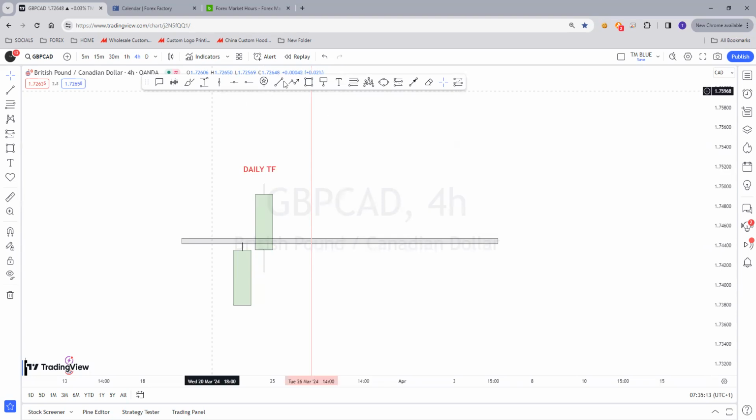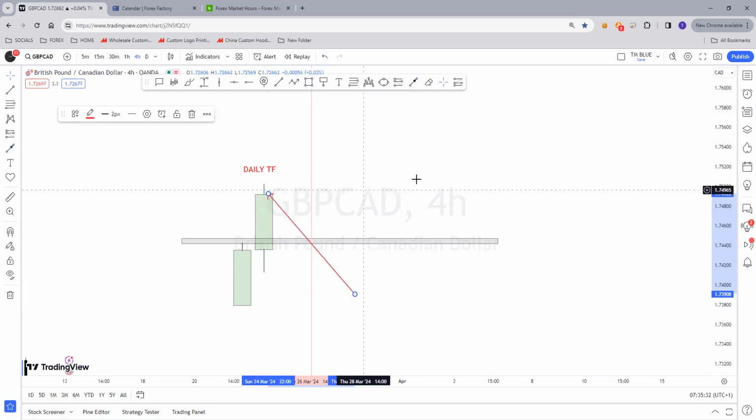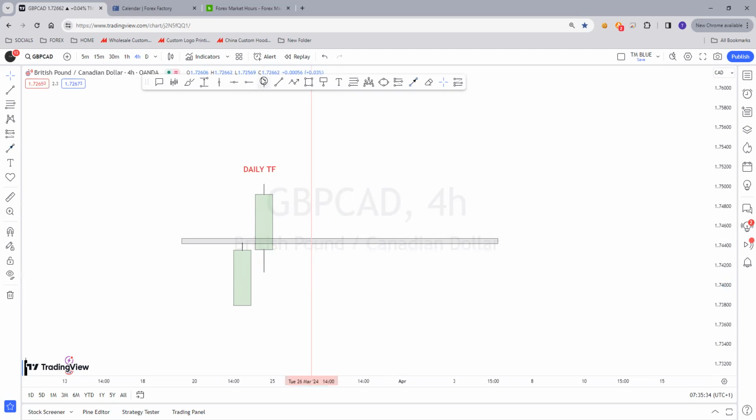If you know your candlesticks, which you should, this candlestick opened and went all the way above here. This is the high, and then it closed over here. This is where the candlestick opened. It went down first, then continued to push up all the way back into these highs and closed here.